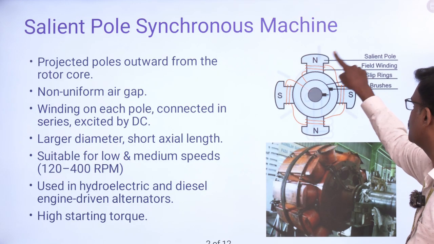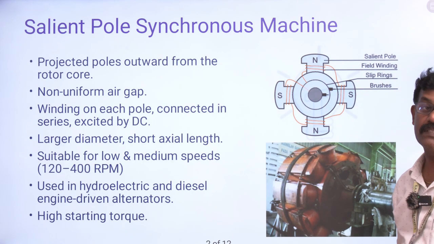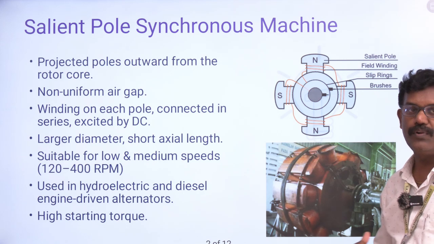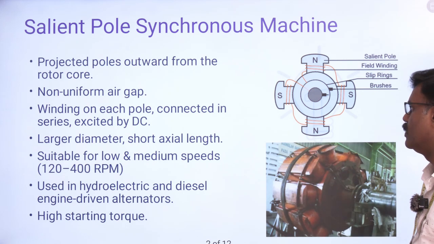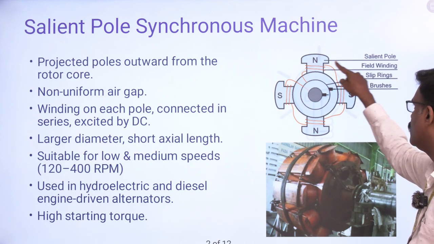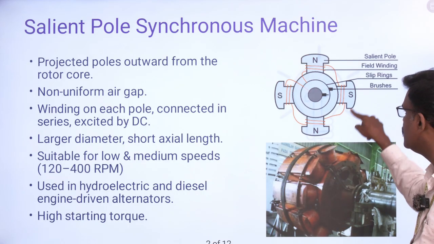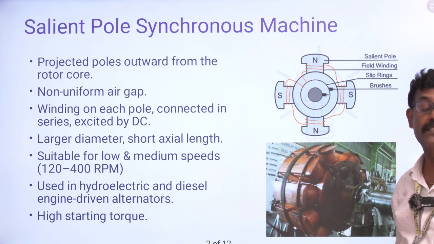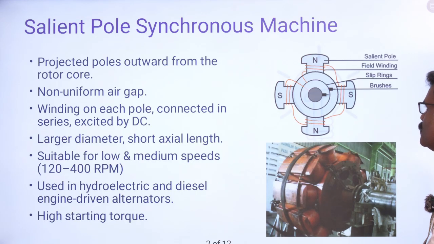Due to this projected pole structure, an uneven, that is non-uniform, air gap occurs between stator and rotor. The winding placed on all the rotor poles is connected in series and excited with DC supply from an external DC source.